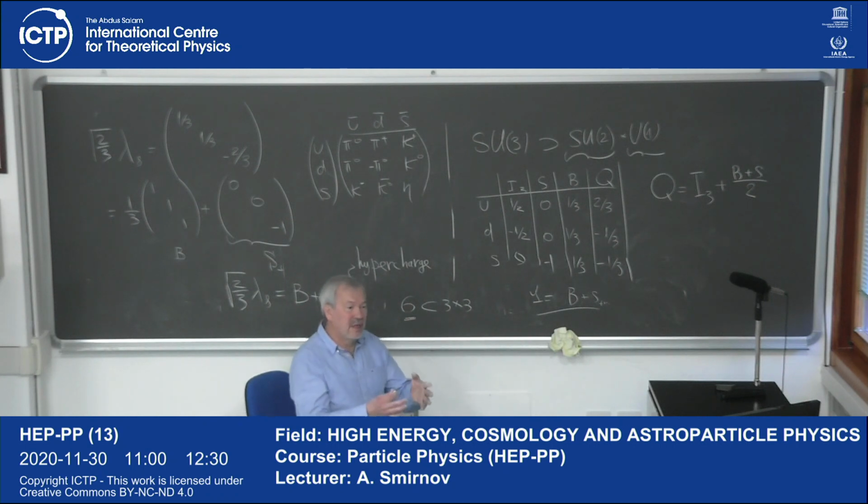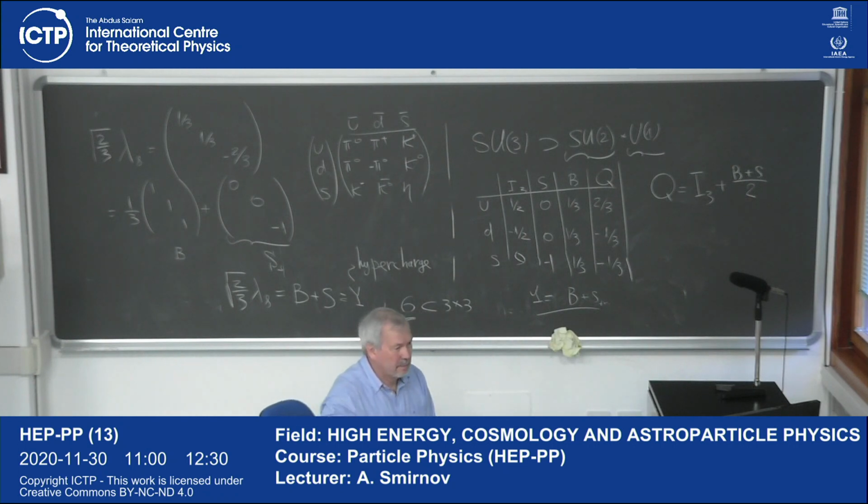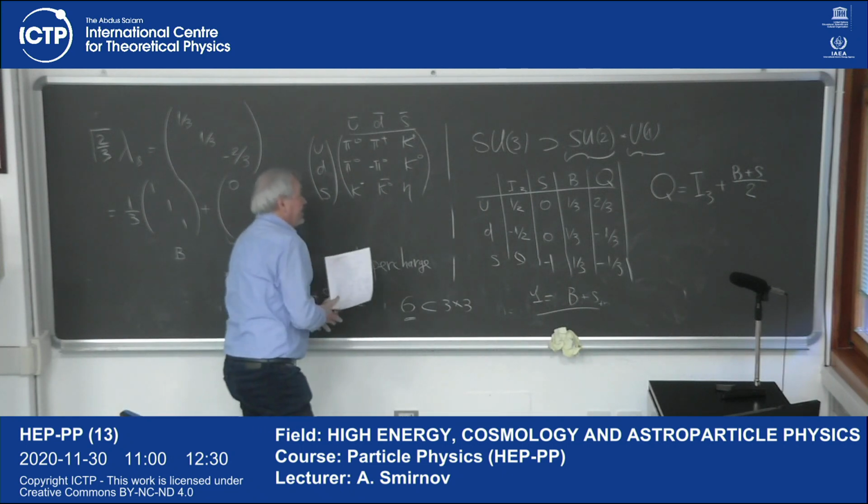So you see how many things are behind the answer to why there is no such representation or another one. To answer, we need this quark structure and we need QCD. Okay? More questions? Good.